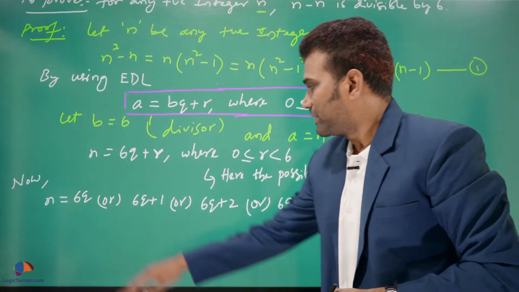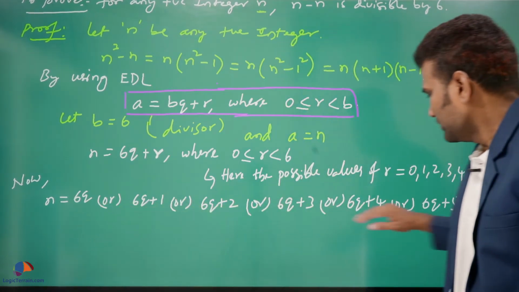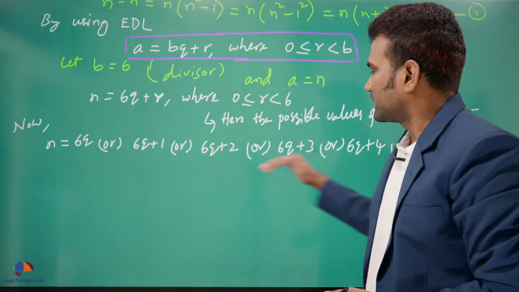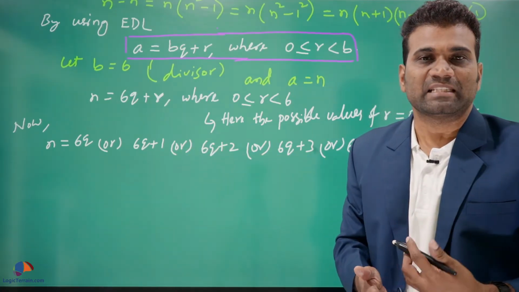For any positive integer n, it is of one of these forms. Okay. Now we'll check whether each one of them is divisible by 6 or not.